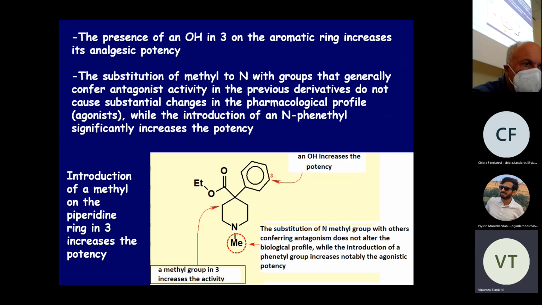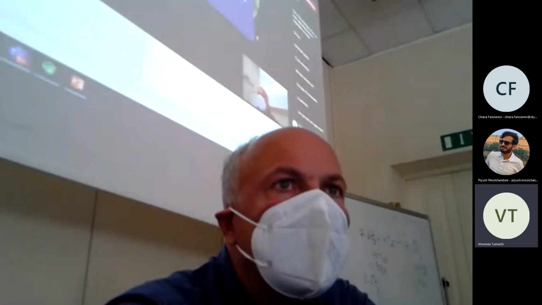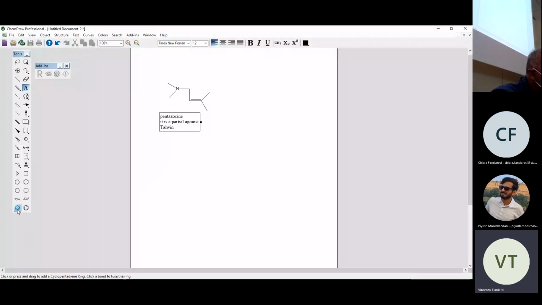In particular, I show you again when we discussed anti-Parkinson disease, if you remember this compound, some students synthesized it.